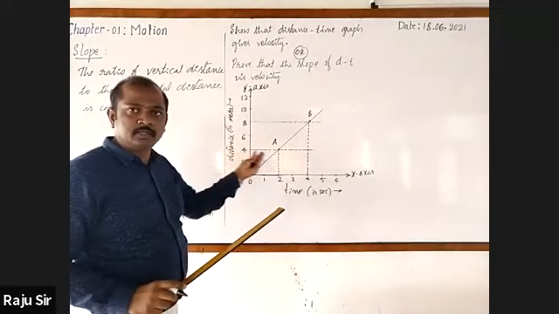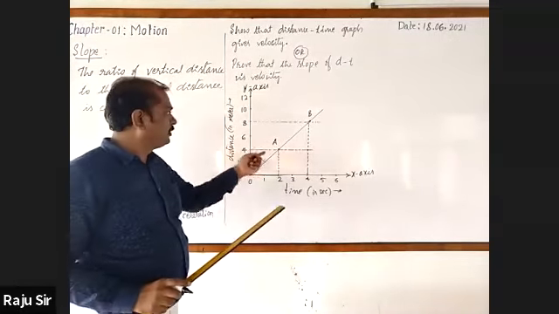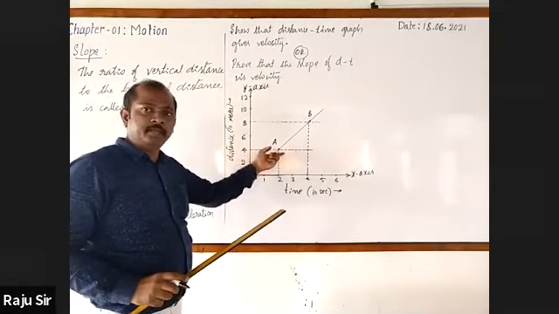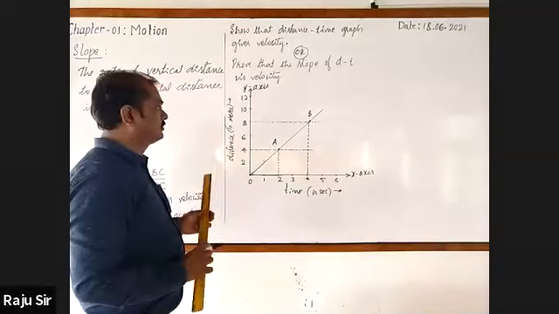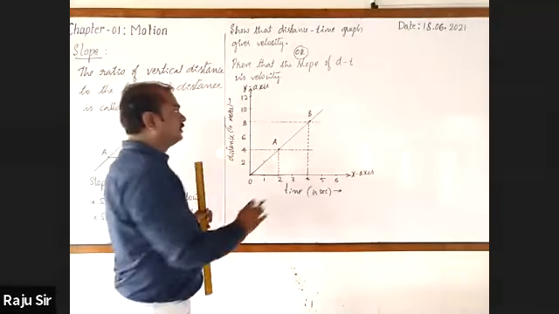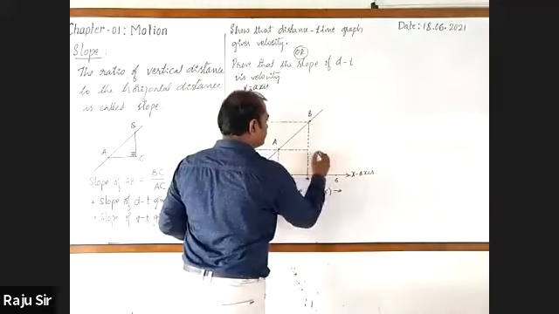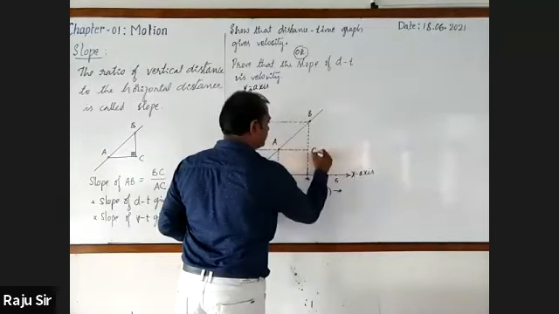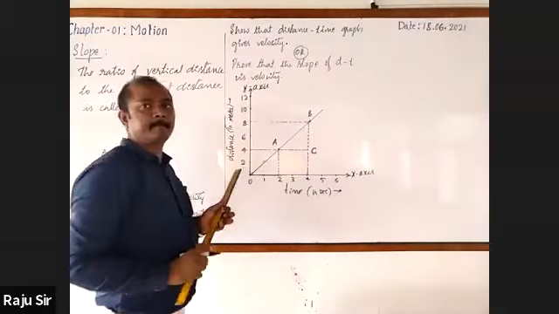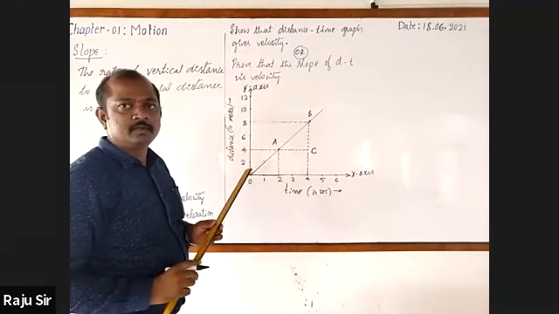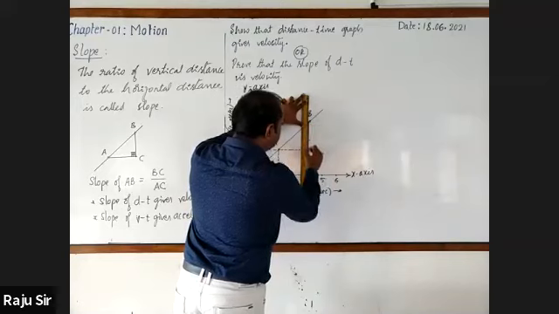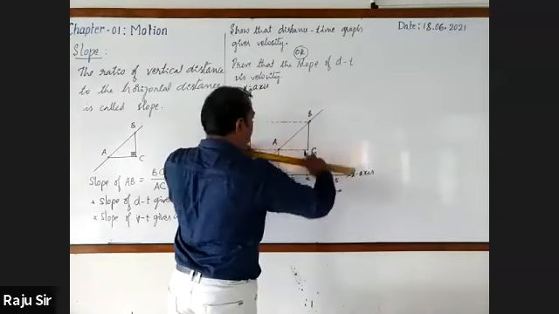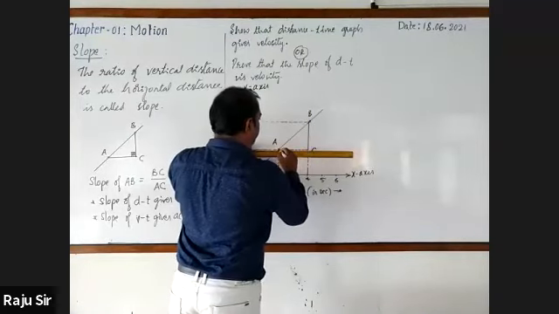Then draw the parallel line through A and B parallel to x-axis. They intersect at a point. Call this point C. Just go for darkening the line BC as well as AC.